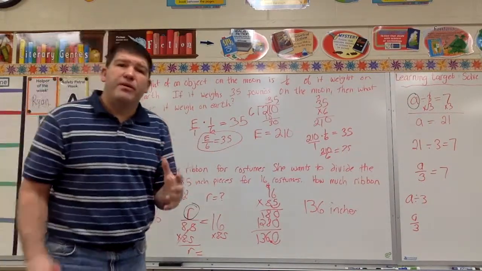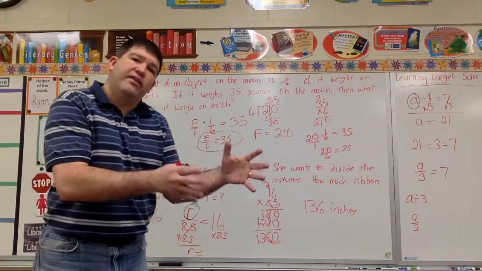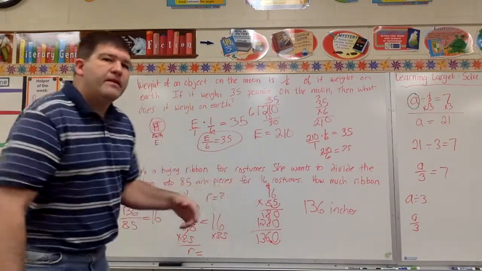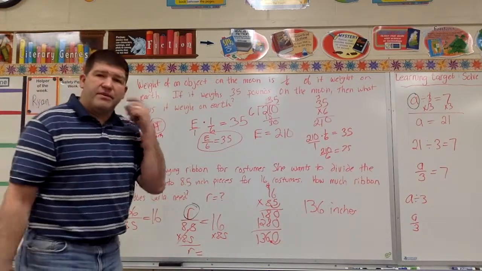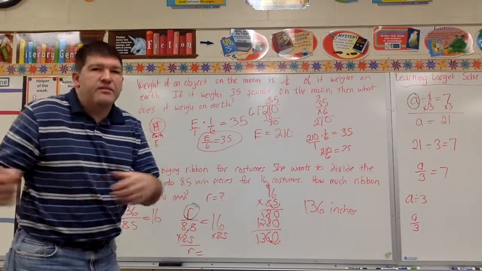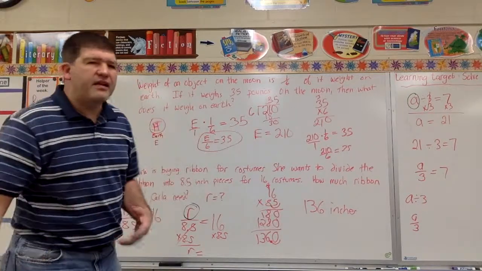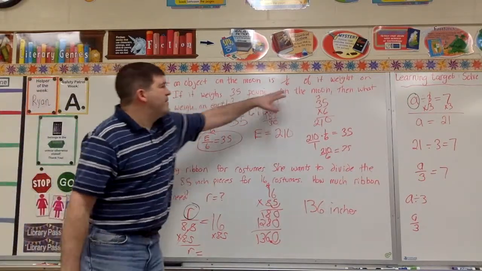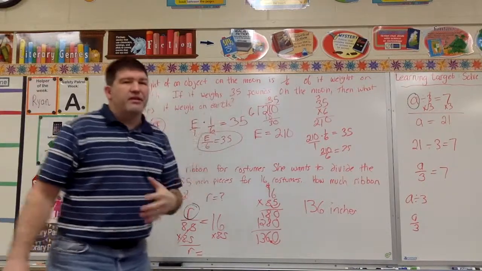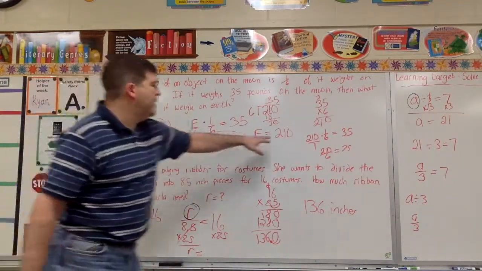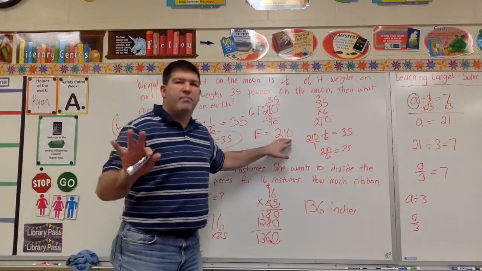So if it's asking for me the weight of something on Earth, it's going to be heavier than on the moon. If it's asking for me to tell me something that's on the moon, it's going to be a lot lighter than on Earth. So you got to say, okay, 35 pounds on the moon, well, something on Earth is going to be a lot heavier. So when I get an answer of 210, I think, okay, yeah, I'm in the right ballpark.